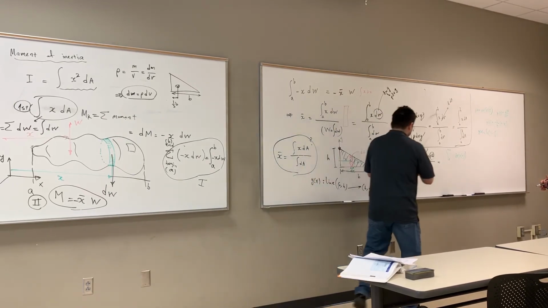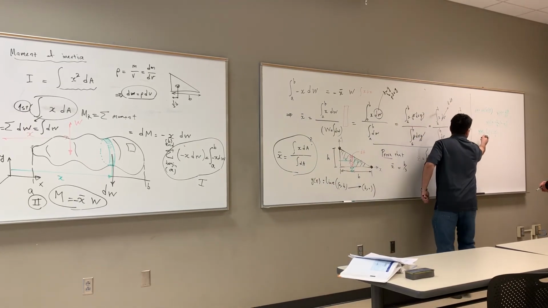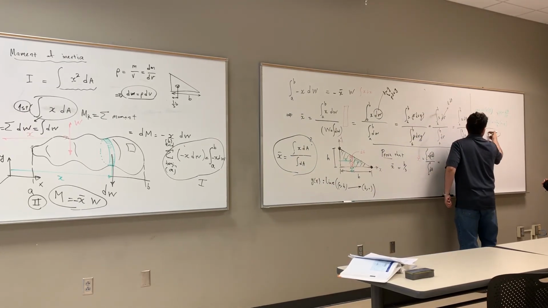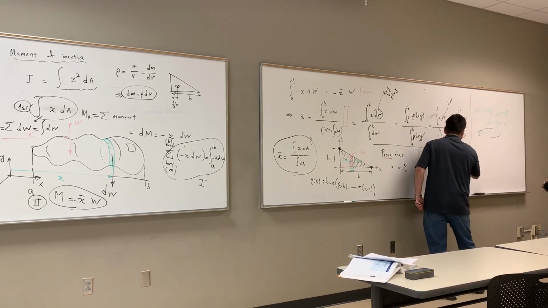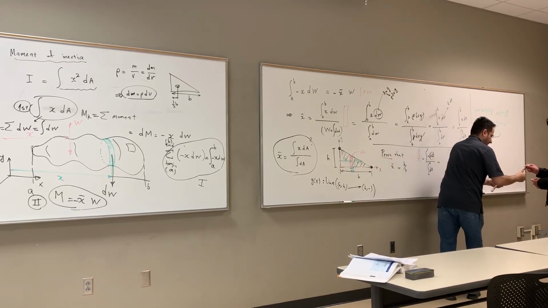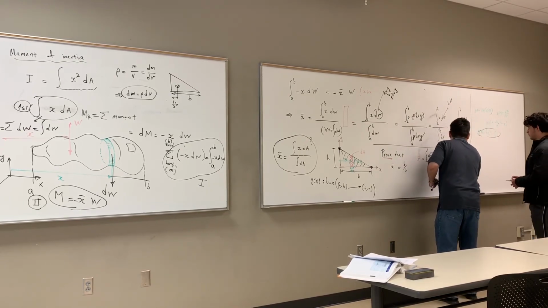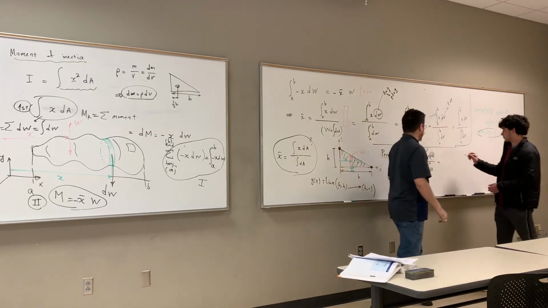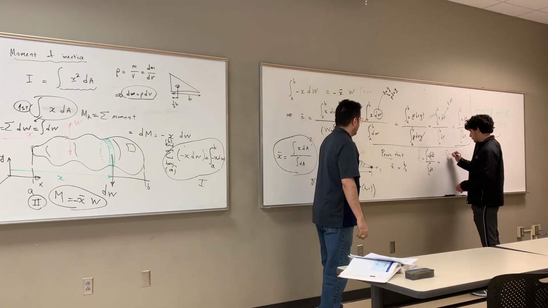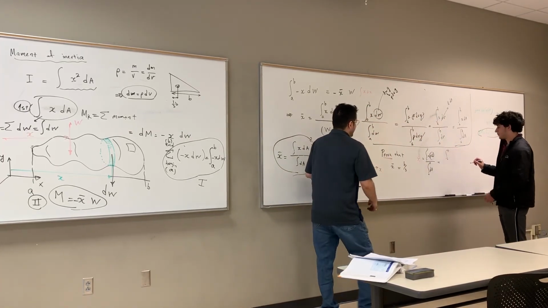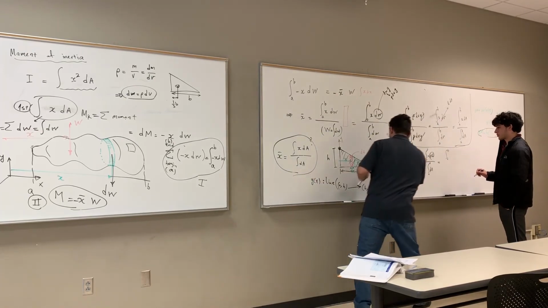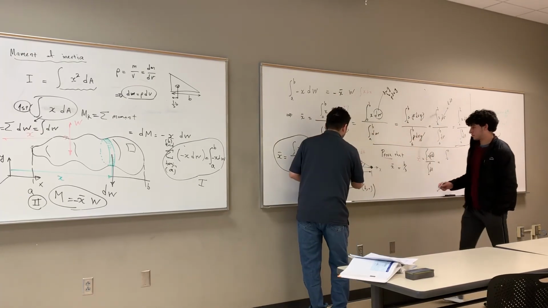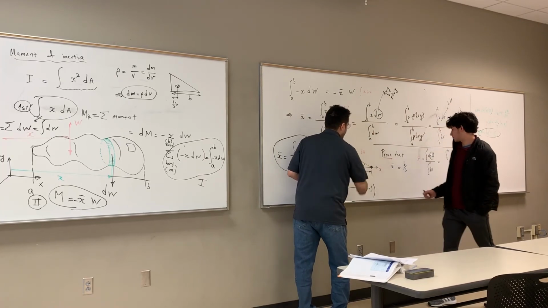Now, this is your y of x, plug it into dA, and then plug it here. So there you go, let's move back. So start writing the integral. First of all, where are a and b? If you're integrating, mathematically everything is x. It's from 0 to b.